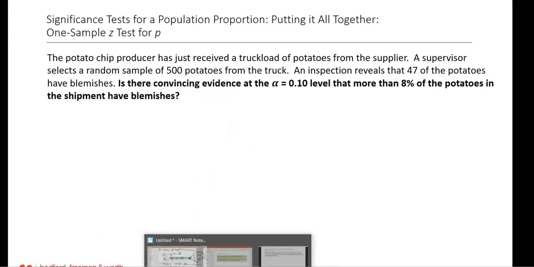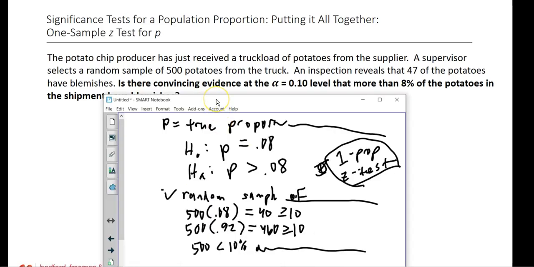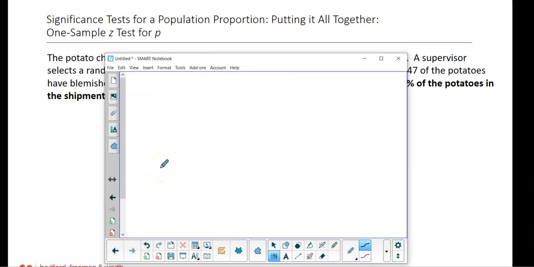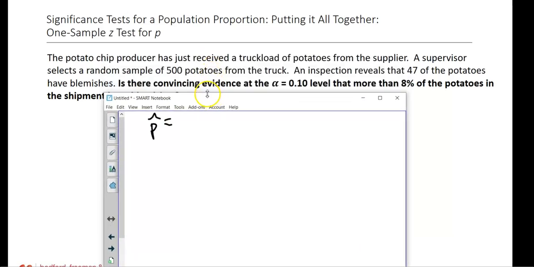So you really probably want to do the do part here. So if the conditions are met, we're going to do, not a bad idea to write p hat here, which was 47 out of 500. That usually helps you type it in the calculator as well when you get to that step.